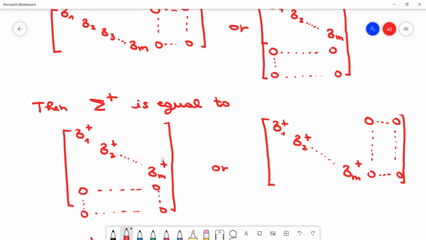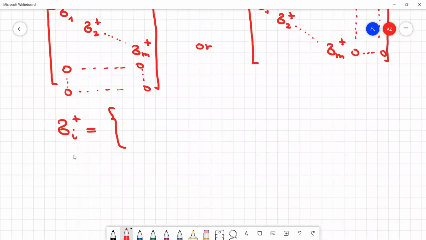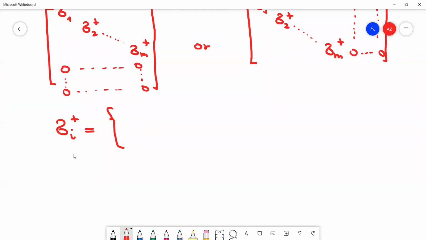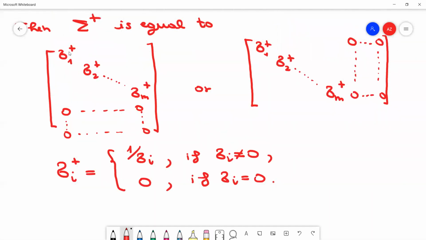But of course, I cannot invert zeros. That's why I wrote sigma i plus, and it is just 1 over sigma i if sigma i is non-zero. Otherwise, it's 0 if sigma i is equal to 0. So this is the only reason why I used pluses instead of the usual minus ones, the usual inverting of real numbers.